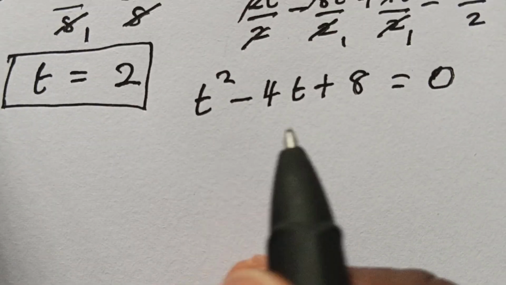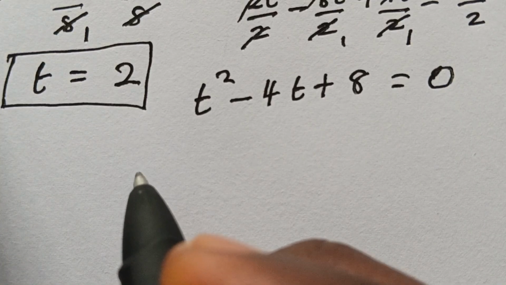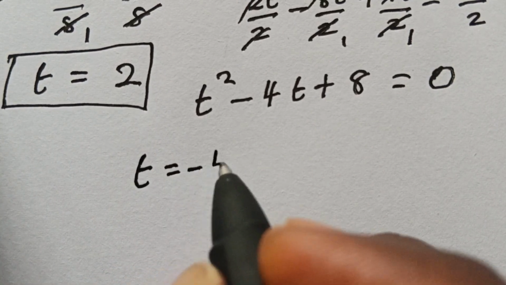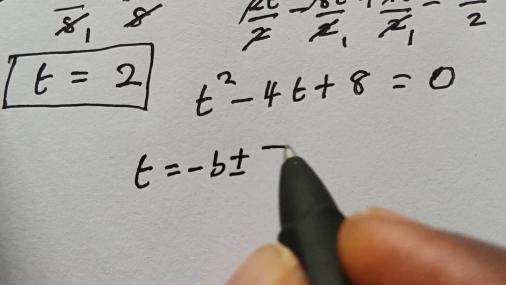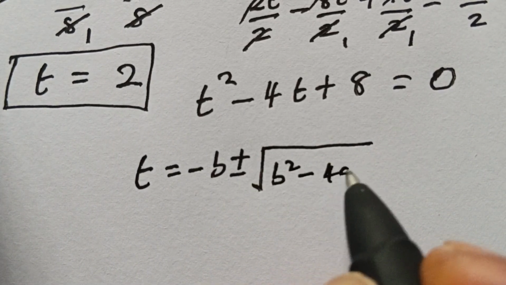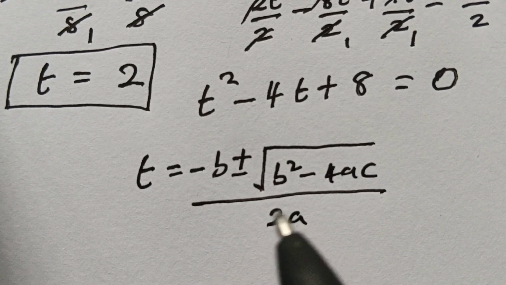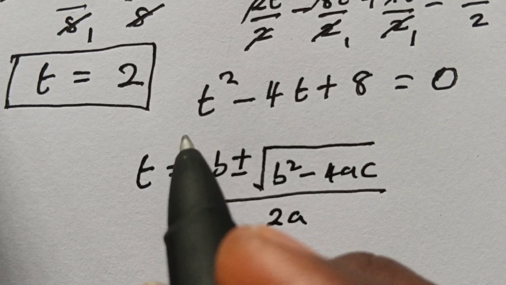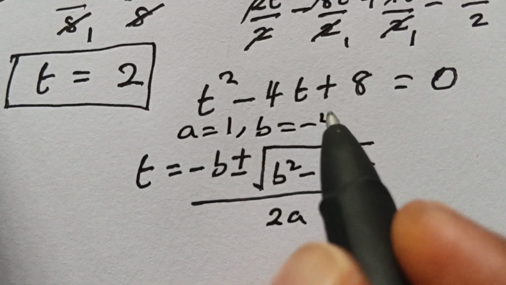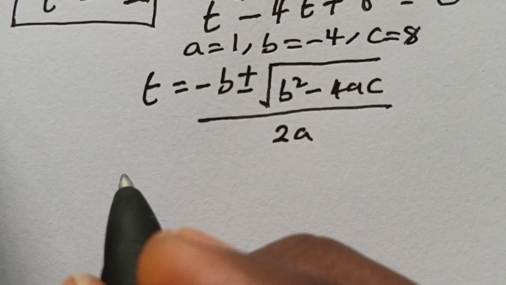Let's continue. This is a quadratic equation and we can solve it using the quadratic formula, which is t equal to minus b plus or minus square root of b squared minus 4ac, all divided by 2a. From this equation, a is equal to 1, b equal to negative 4, c equal to 8. Let's continue.